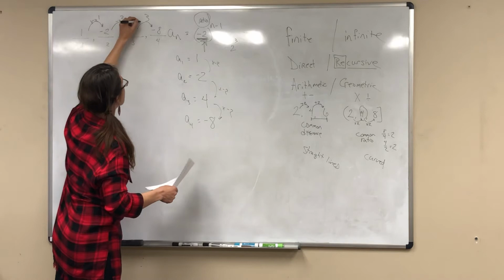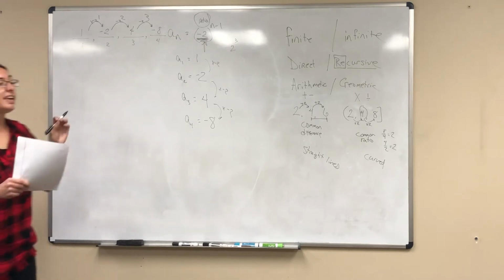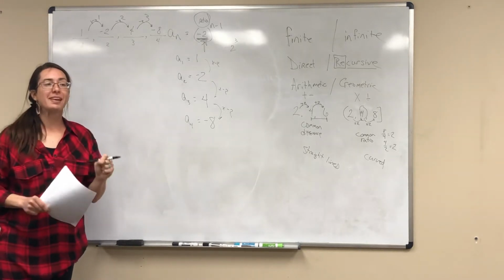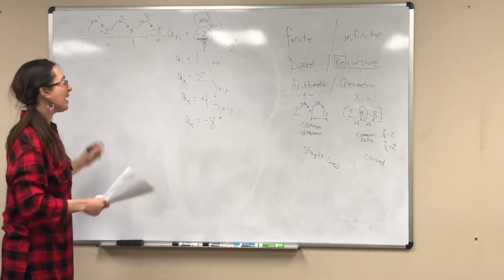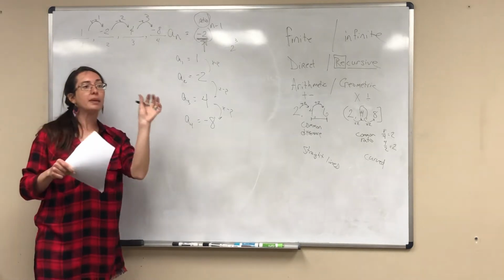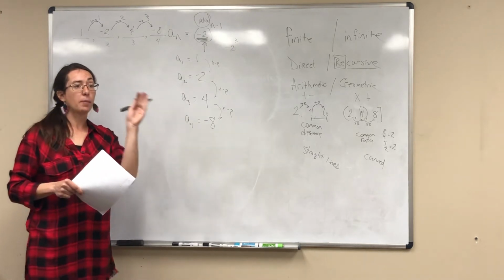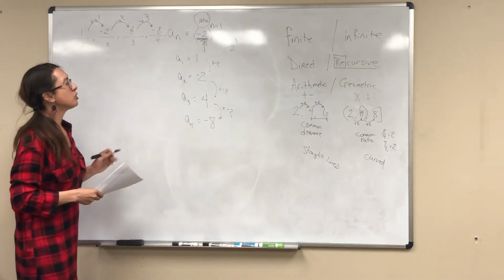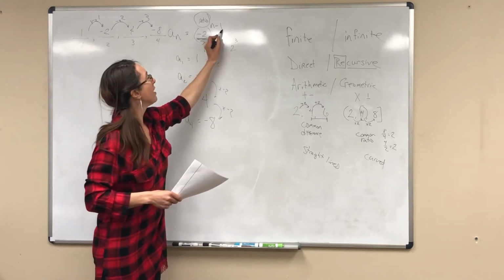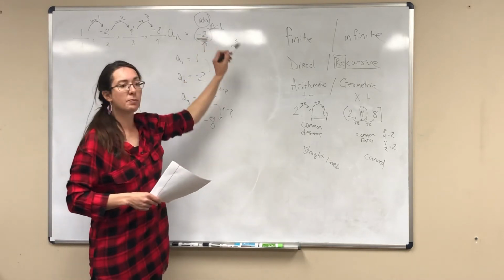It's how many commas there are, and it will always be 1 less than your number of terms. If I have 100 terms, I have 99 jumps. So it will always be n minus 1, your number of terms minus 1.